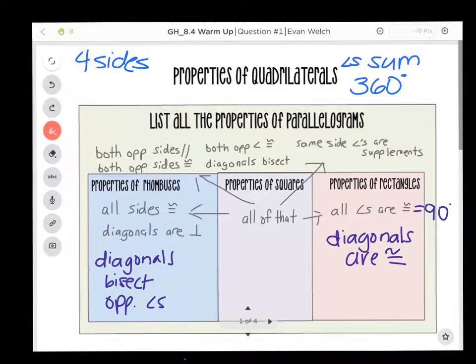When you overlap blue and red, what happens? You get purple. When you combine blue and red, you get purple, okay? So when I combine the properties of a rhombus with a rectangle, you get all the properties of the 2 combined, okay? So everything on this slide needs to be ingrained in your brain from here on out, because we're going to build on it.